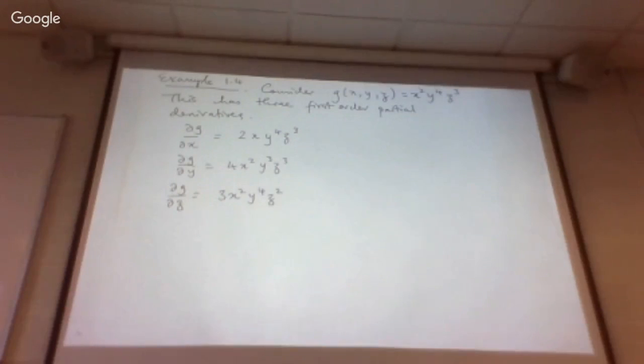In section 1.6, we talked about the tangent plane to a surface, and I think I'll go through that at the start of the lecture next week, just as a way of wrapping up that first section.